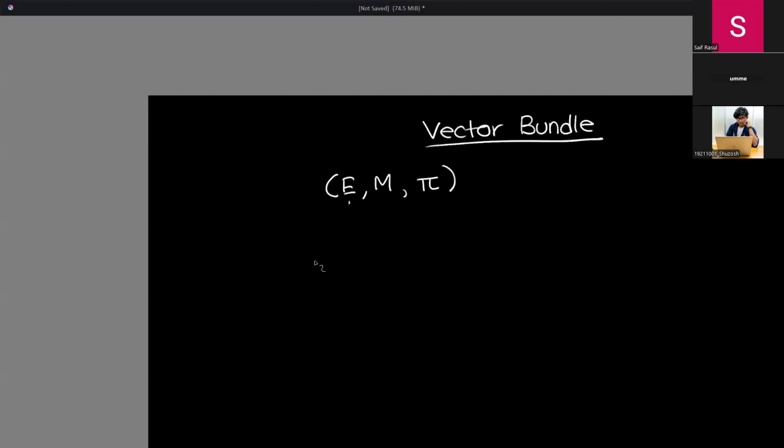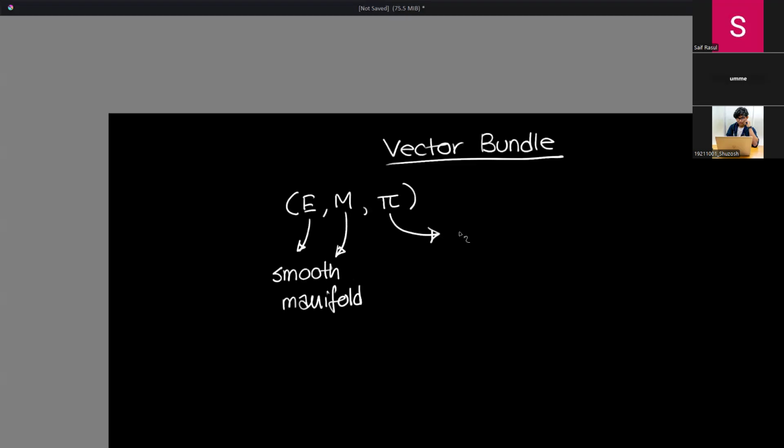E is a smooth manifold. M is also a smooth manifold. It's our original smooth manifold. And pi is a map. It's a smooth surjective map.